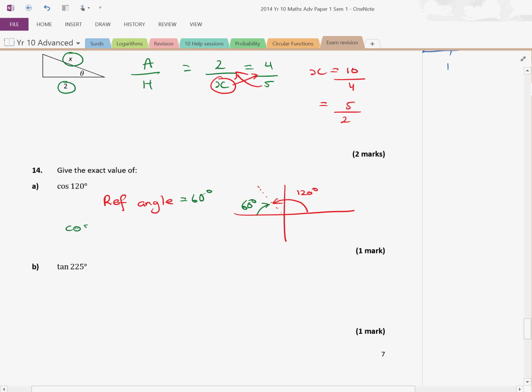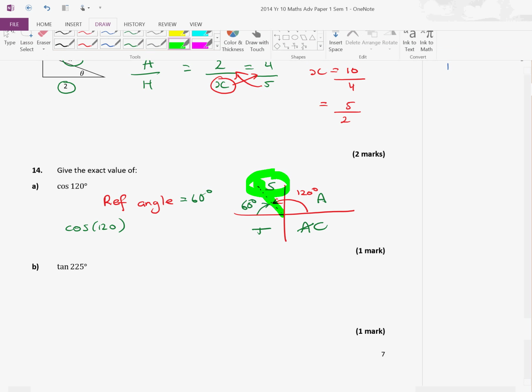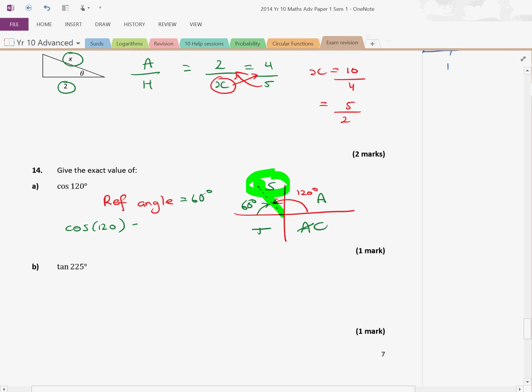But cos of 120, because of good old CAST, 120 degrees is in the second quadrant. It's right here. But the whole point of getting the reference angle is cos of 120 is equal to the negative of cos of 60 degrees, and cos of 60 degrees is 1/2.